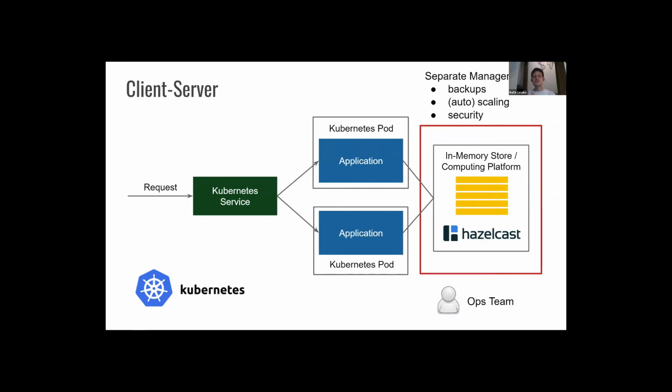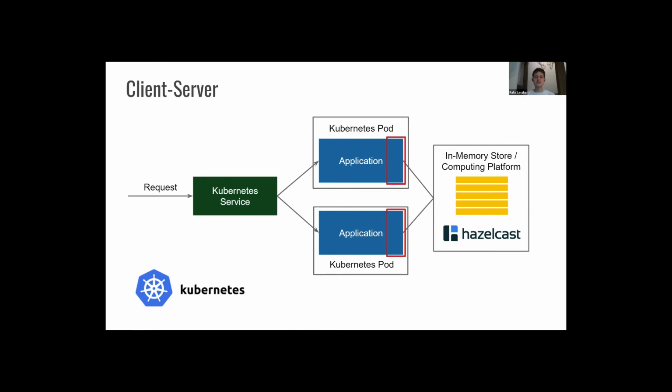But there is also a second difference when you compare this client-server to the embedded diagram, and that is this part. We now use a client to connect to the server, which means that we are no longer limited to using the same programming language. So in the case of Hazelcast, you're not limited to JVM. You can use whatever programming language you want, because there is a well-defined protocol between client and server.